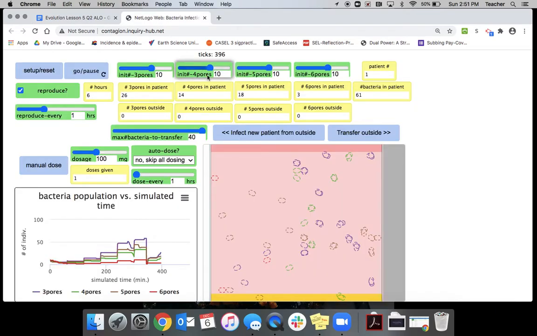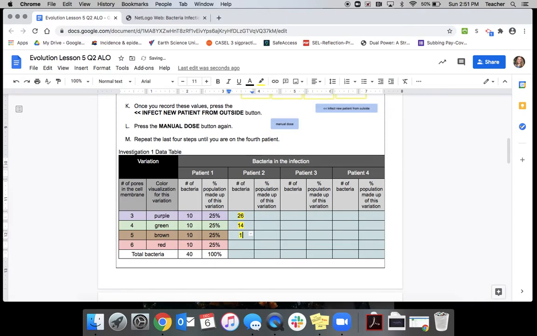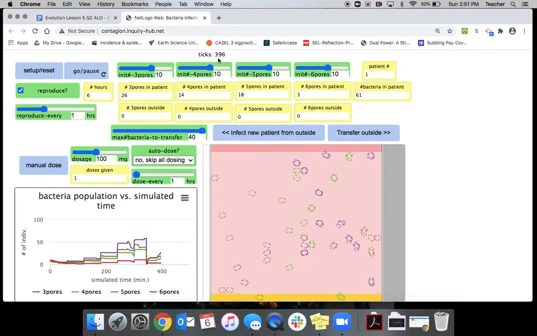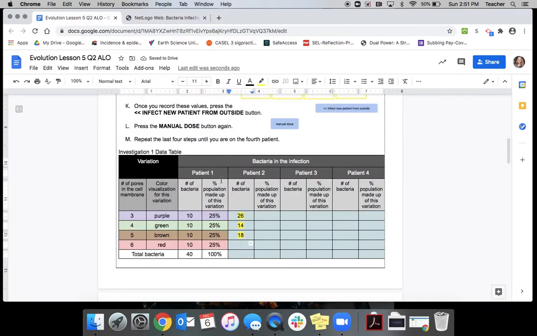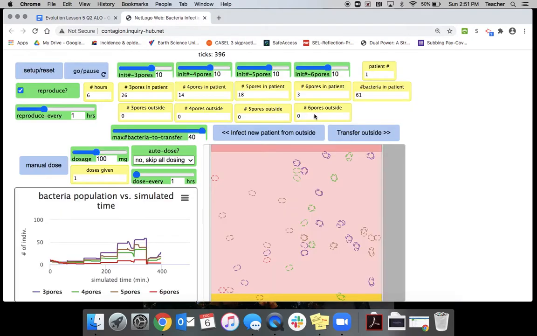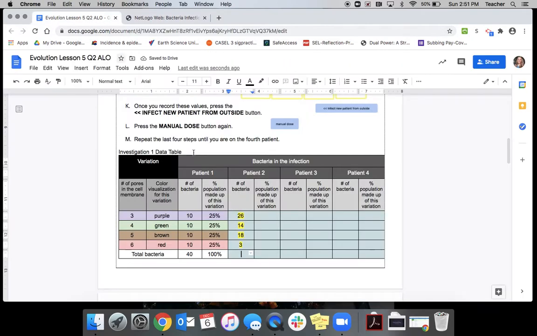We have 18 brown. And we have 3 red, which at this moment in time gives us a total of 61 bacteria.